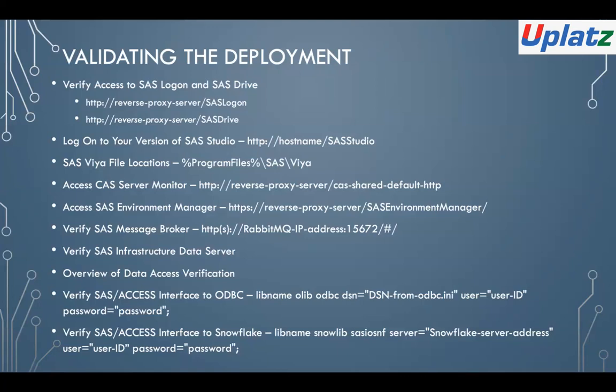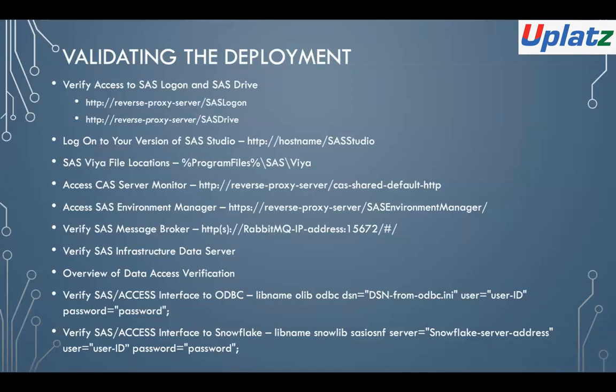Then, for example, we will also verify our access interface to ODBC, just as an example, by running this libname statement in SAS Studio. And if you are able to successfully get the connection established, it means that our deployment is also successful for the ODBC interface.